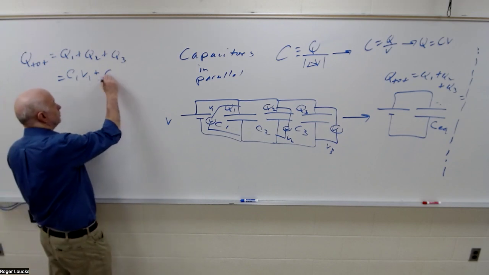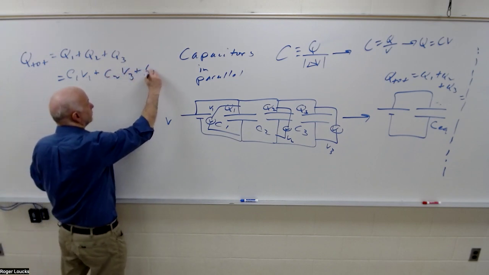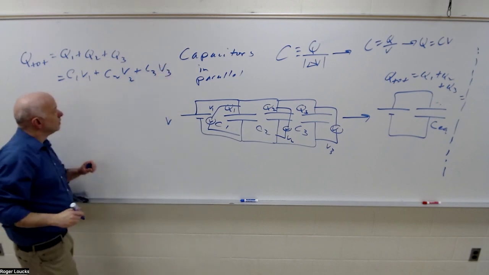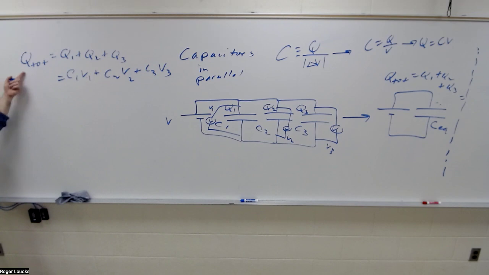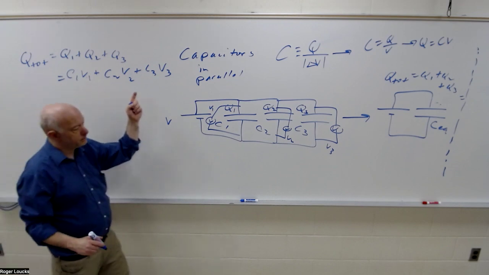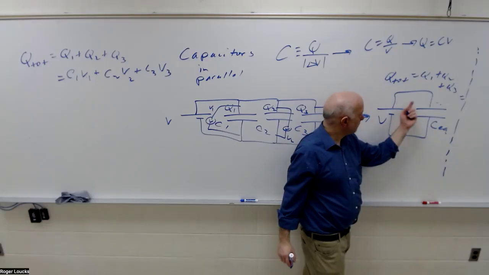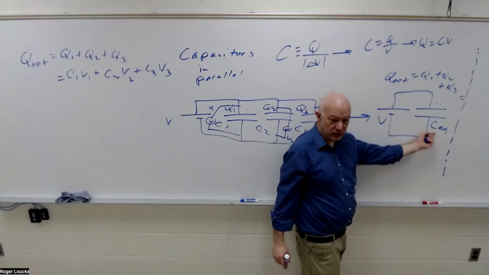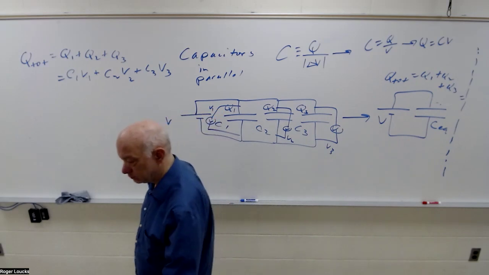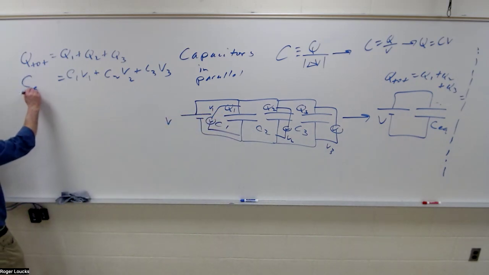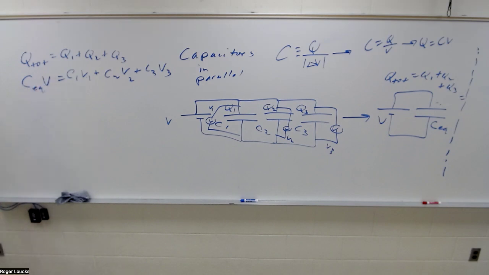Yeah, C2 V2, and then we'll finish it off with C3 V3. Now, what can I then say about the total charge over here? This is V. What would have to be the total charge here then? This is C_eq. This would have to be C_eq times voltage V.